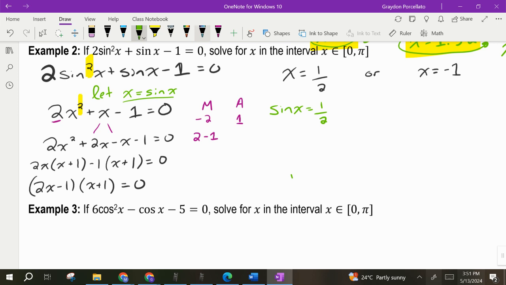Now, there's a variety of ways that you can do this. Okay? This is where our stuff from last unit really comes in handy. So in order to solve this one, I'm going to take my sine inverse, or you can think of this in terms of special triangles. So I get x equals the sine inverse of 1 over 2.